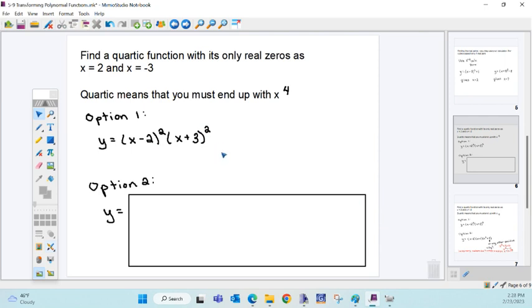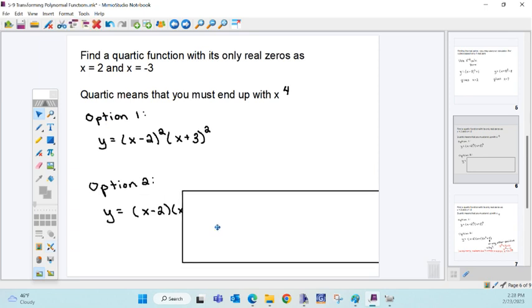I would have to be careful. I wouldn't be able to do 1 and 3 because I'd end up with some other zeros in there, but 2 and 2 will work if you're going to get a quartic for an answer. Another possibility, now this one's the easiest one, so I'm expecting most of you to just hold on to this one and do that.